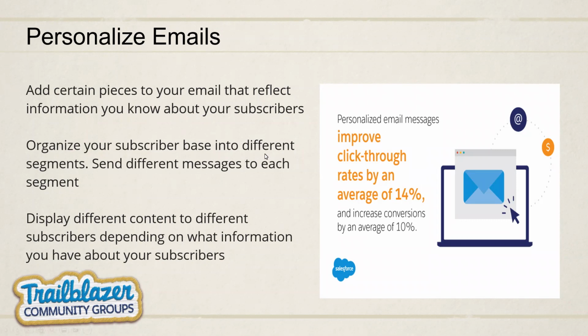And as you collect the data, as you have all the data, you can easily display the content which suits that particular subscriber. Another example could be people living in a tropical region versus people living in a winter climate. The product recommendations would be different for each of them.